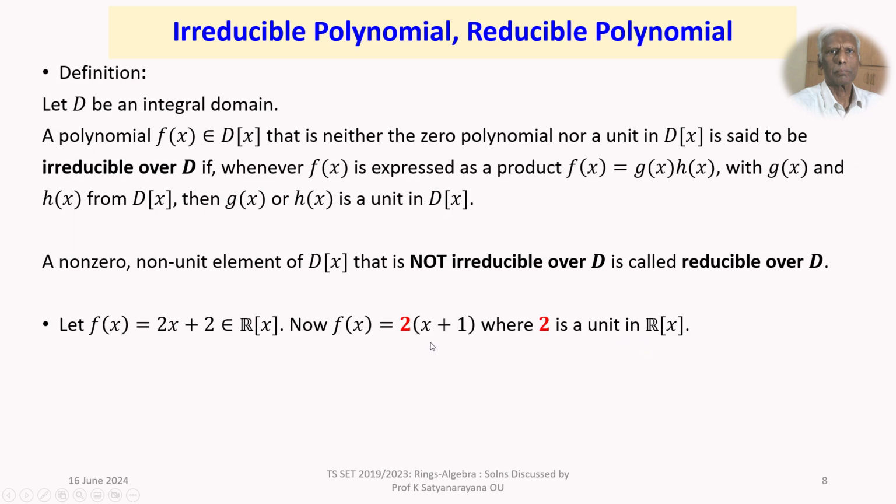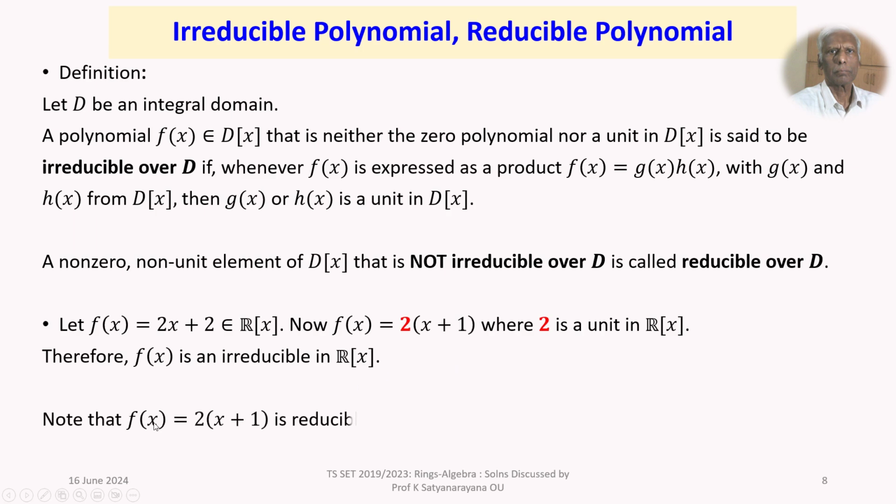So it is written as a product g(x)h(x), where either g(x) or h(x) is a unit. So it is an irreducible polynomial in R[x]. Agreed.